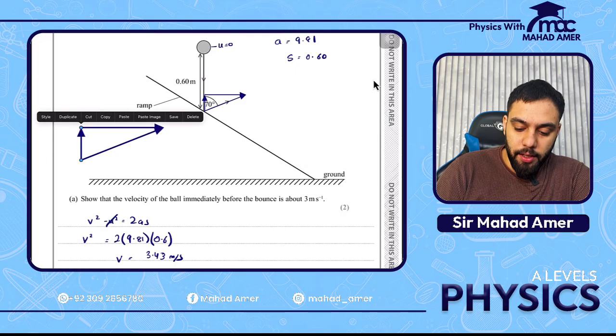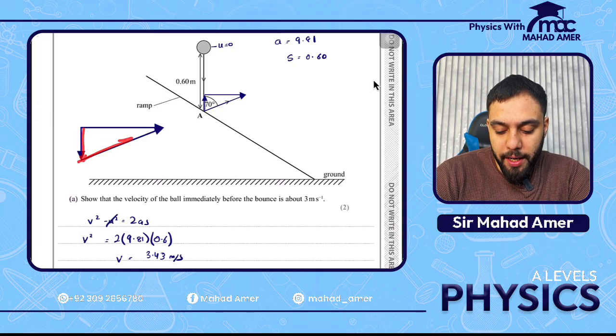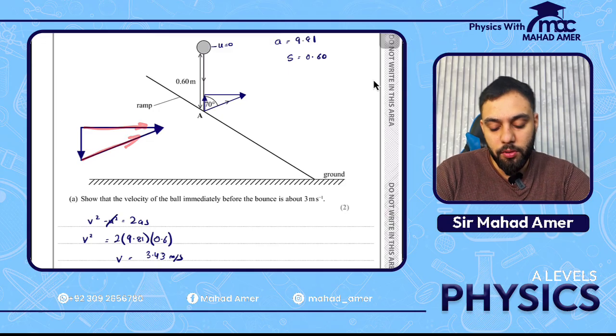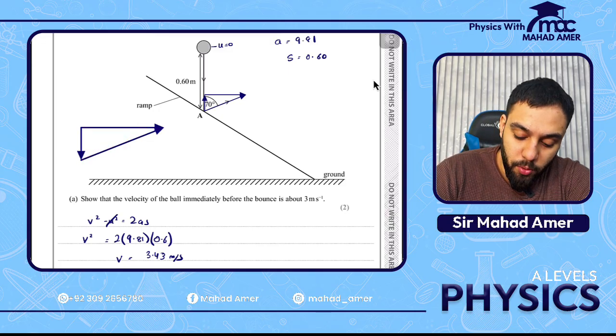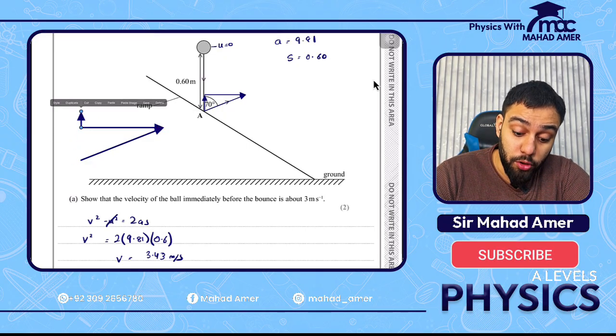So what happens is that this is the ball's velocity. When the ball hits the ground, it actually bounces back in this way. And when it bounces this way, there will be two components. One is the ball moving to the right, and the other is the ball moving to the top.